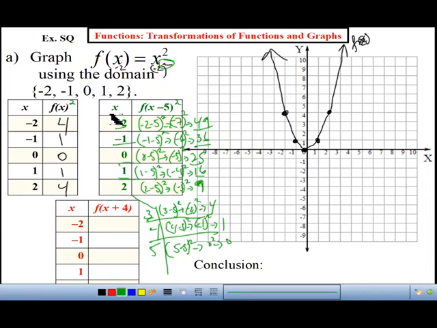All right, so I can't graph the big ones, but I can graph these down here. So let me graph that. 2, 9. 3, 4. 4, 1. 5, 0.